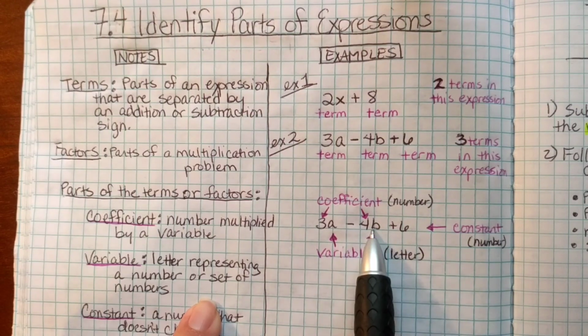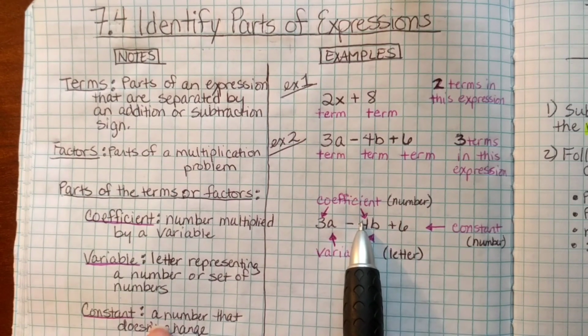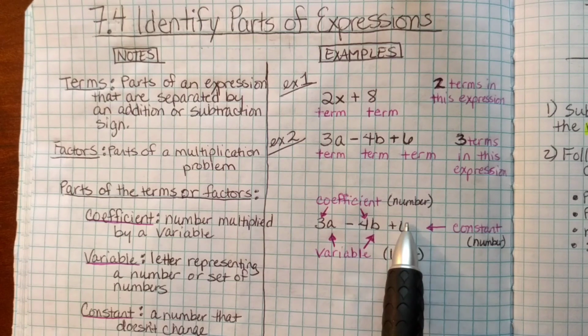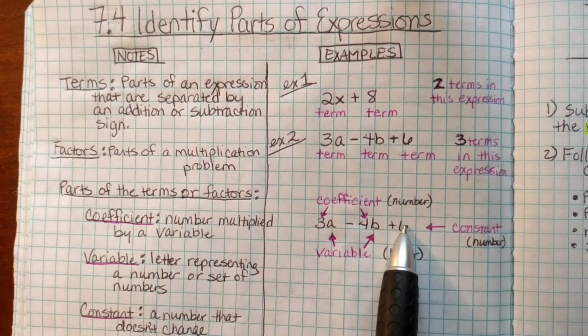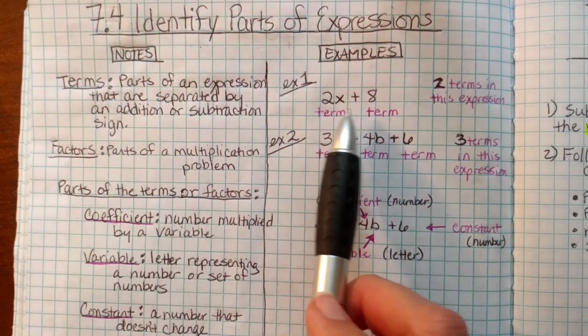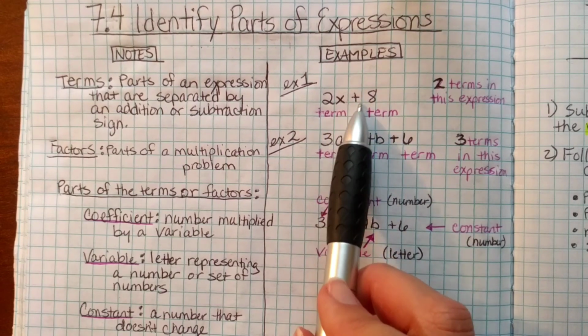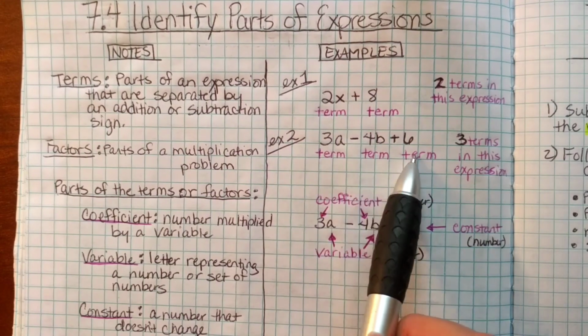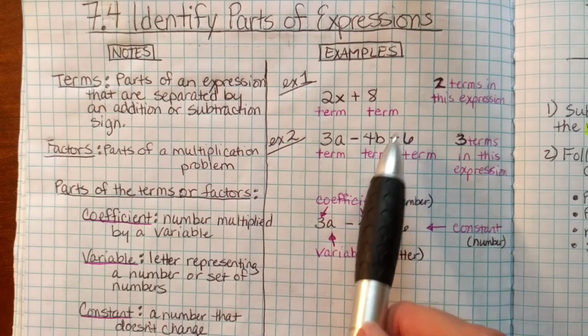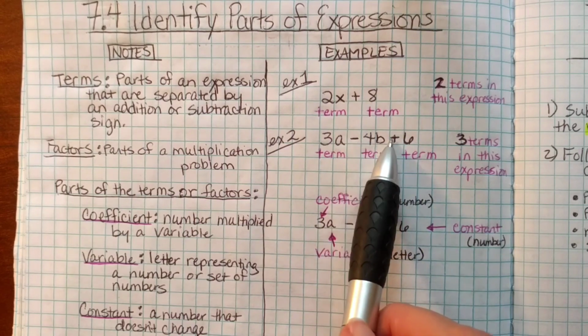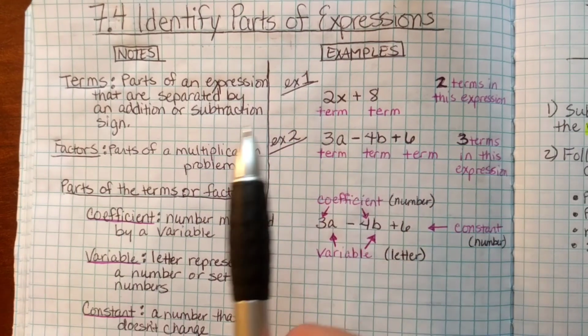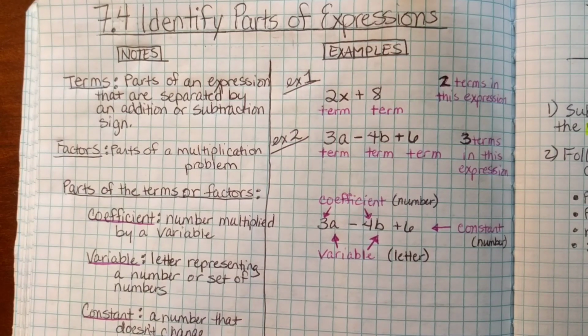There's our variables. These are our coefficients. A constant is a number that doesn't change, and this is a constant out here. Okay, so this is a term because it's separated by addition. There's 3 terms in this because they're separated by a subtraction and an addition sign. All right, good luck.